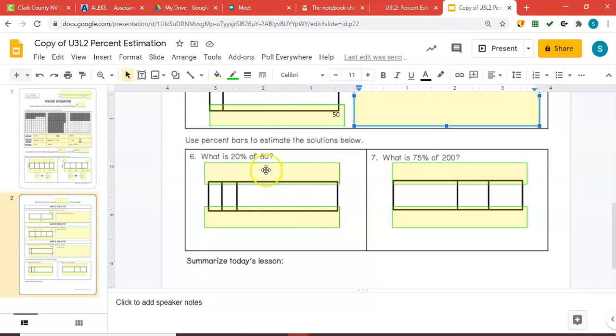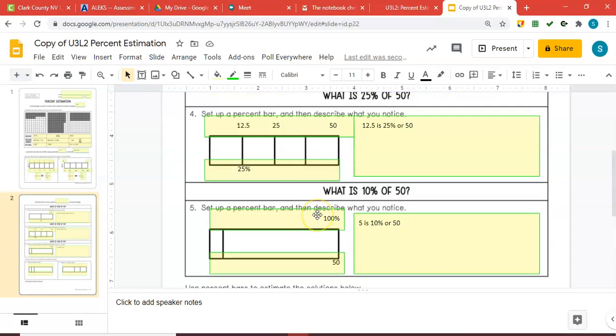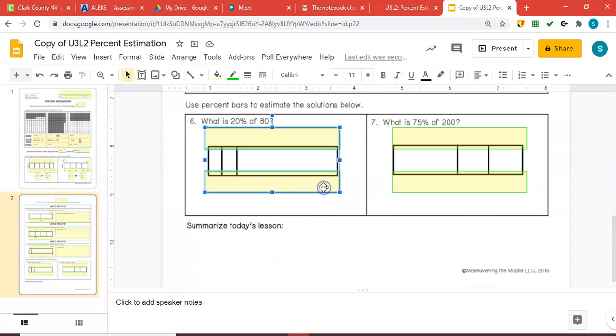Let's think about this one. Well, 20% of 80. So here again, we're thinking about, and I'm going to justify these right, so it's a little bit easier to work. We've got 100% here. And that is going to be 80 here.